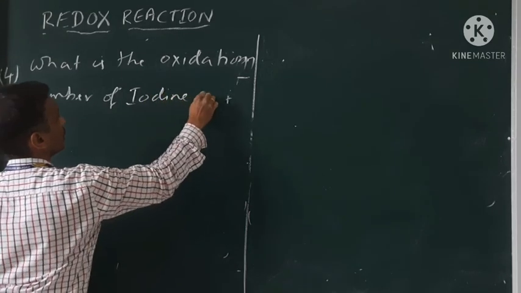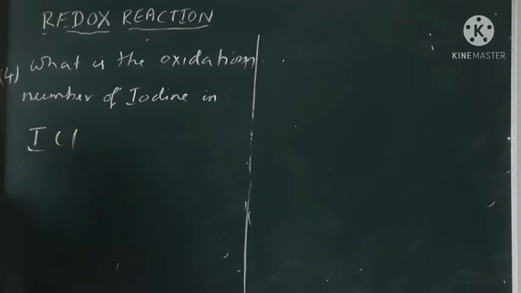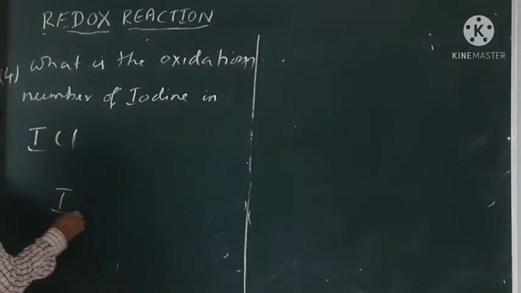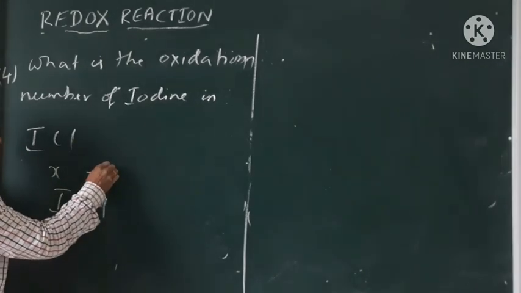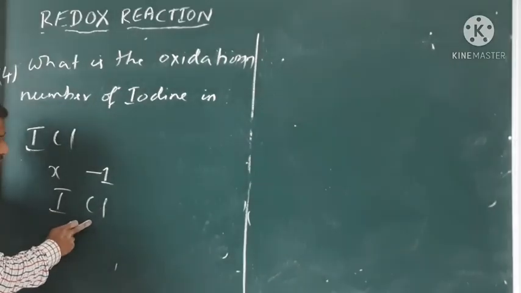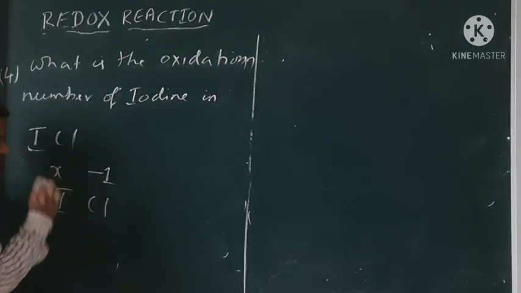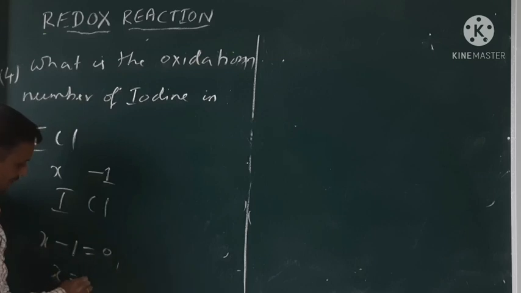Iodine in ICl. So ICl, X for iodine. Chlorine is minus 1 because between iodine and chlorine, chlorine is more electronegative, so it should be minus 1. So X minus 1 equal to 0, X equal to 1.